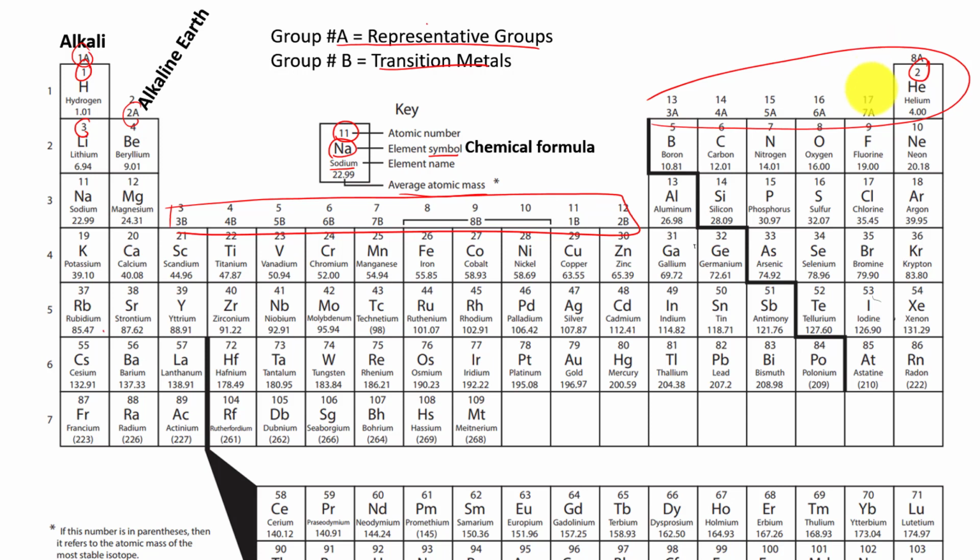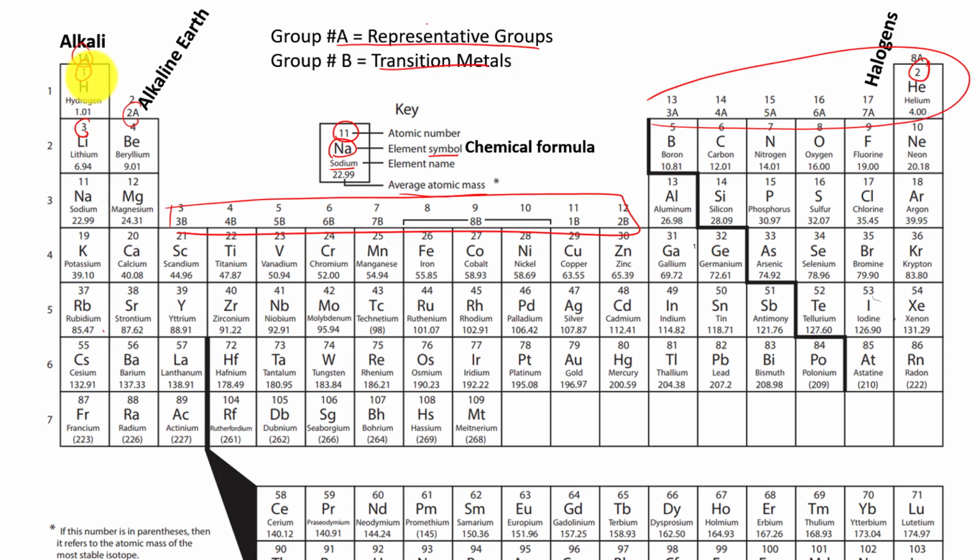Then all the way over here, we have group 7A and 8A. Those are the other two major groups. Group 7A is known as the halogens. So all the elements in group 7A are considered halogens, all the elements in group 1A are considered alkali metals, and all the elements in group 2A are considered alkaline earth metals.